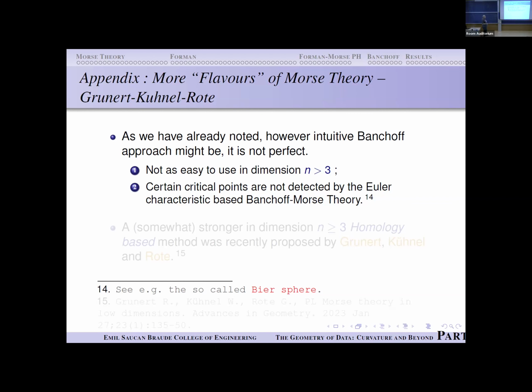So it has some advantages because Banchoff is hard to use in dimension higher than 3. I mean, don't get me wrong. You have the same formulas, the same intuition, but it's harder to see 7-dimensional manifolds. And I say 7 for 2 reasons.